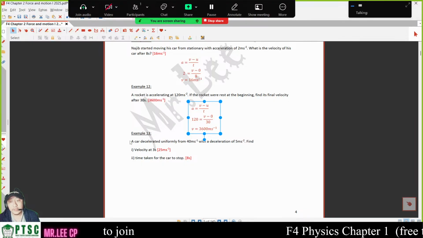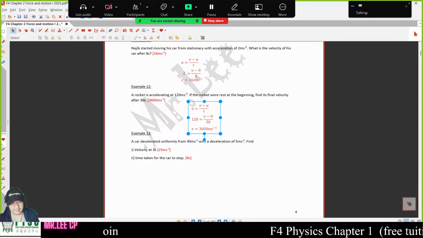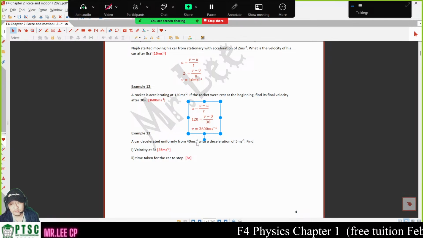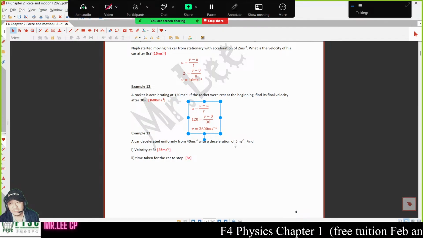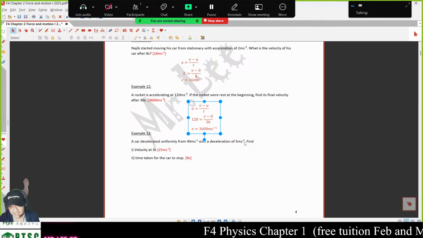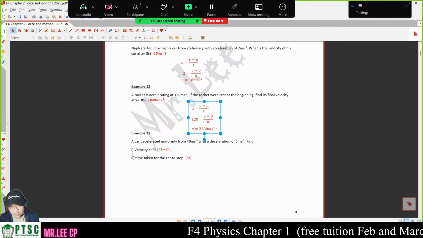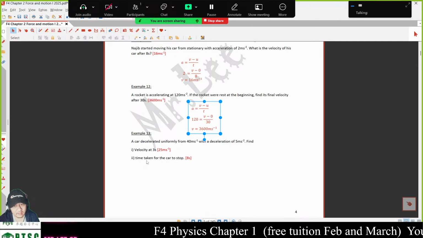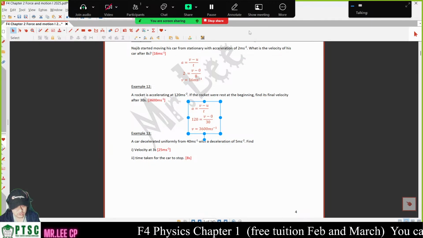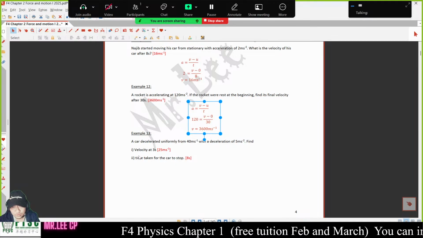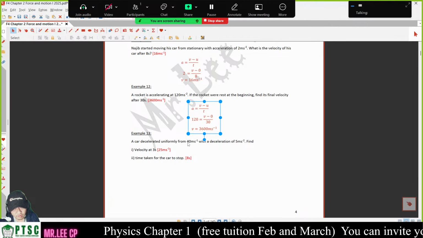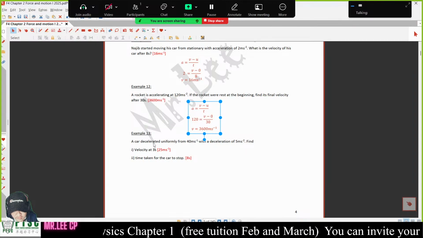All right. A car decelerates uniformly from 40 with the deceleration of 5 ms negative 2. Find the final velocity at 3 seconds. Find the time taken for the car to stop. Okay, this is two different questions. So a car decelerates uniformly from 40.